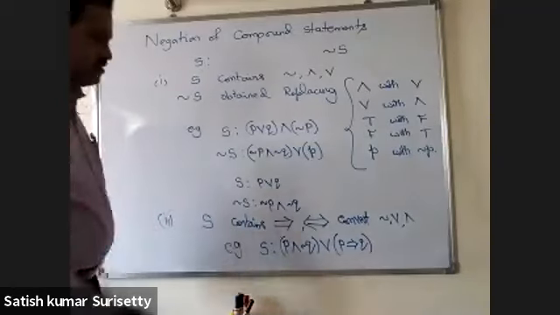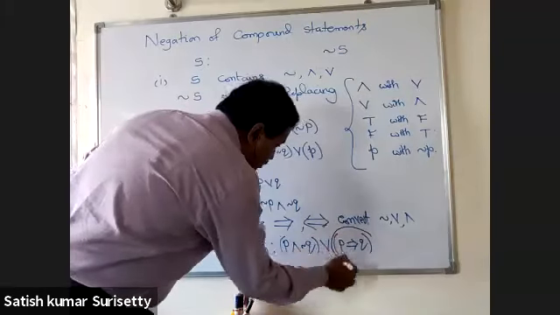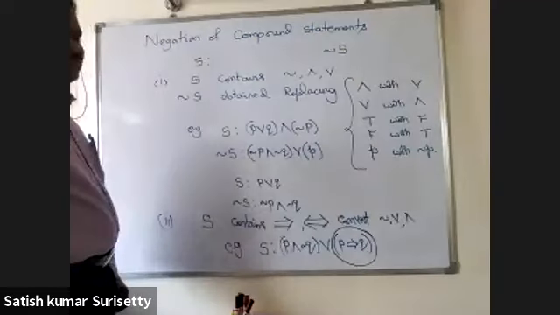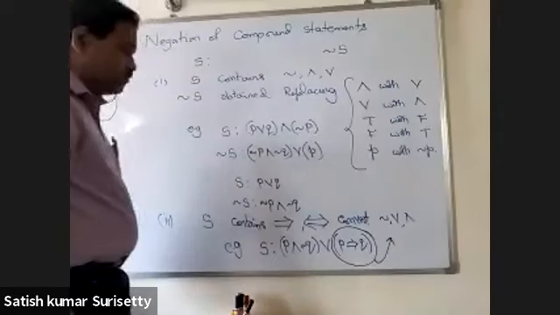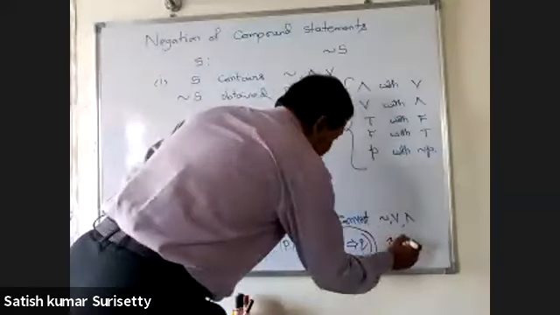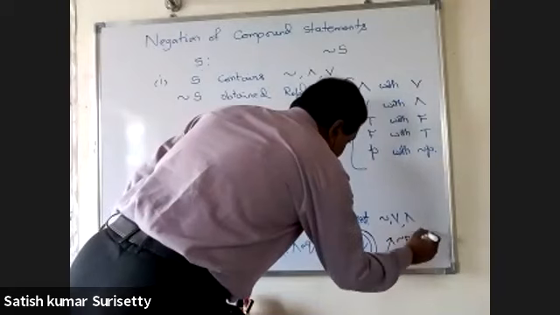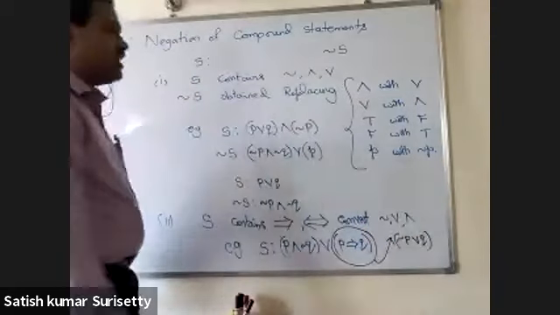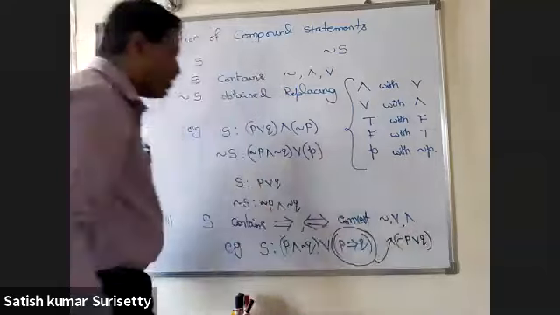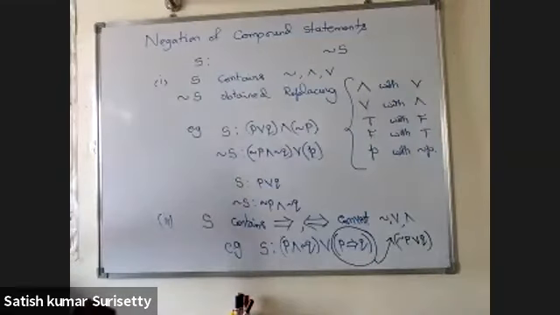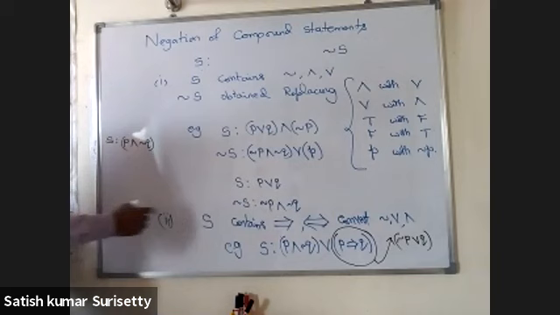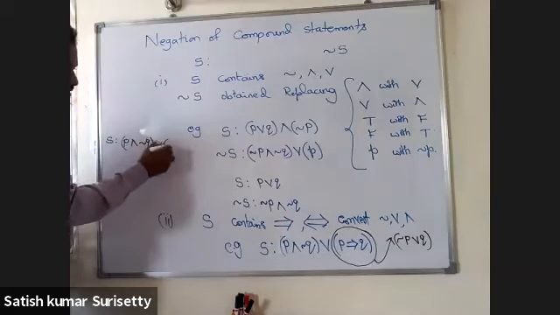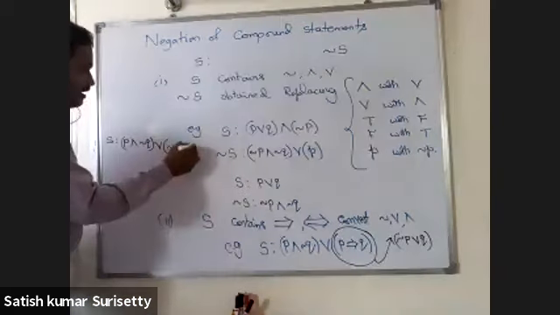Now, what is P implies Q? I should rewrite it as negation of P or Q. So first you replace P implies Q with negation of P or Q. That is, the compound statement S will be: P and negation of Q, or negation of P or Q.